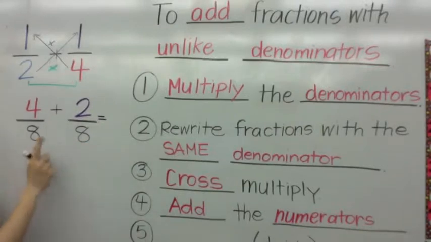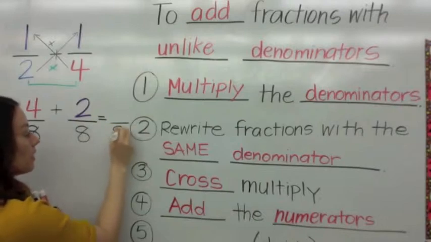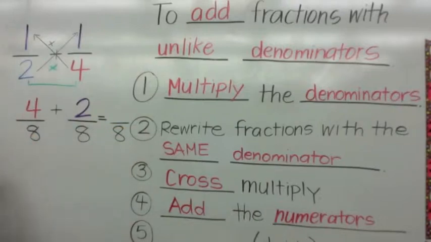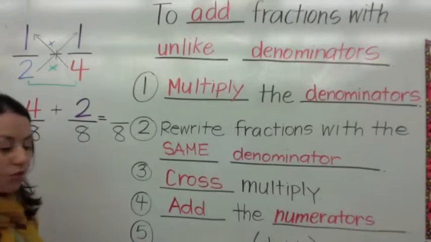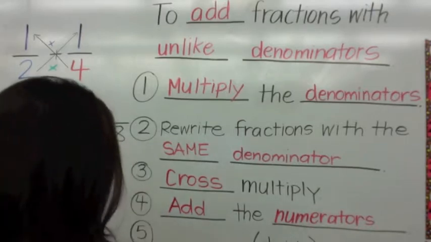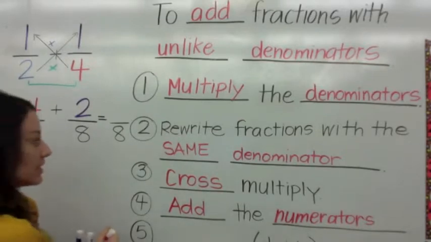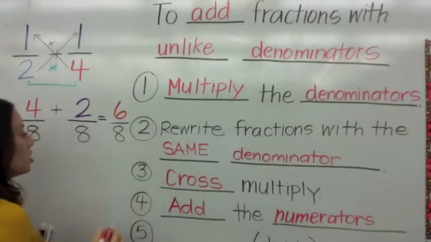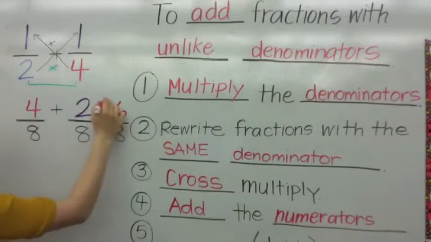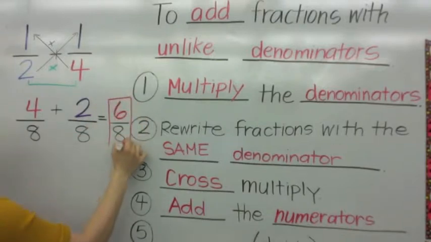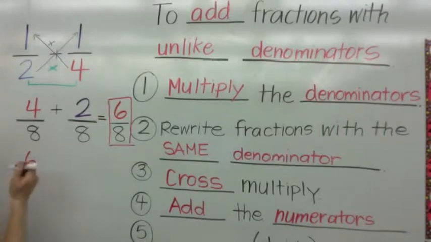So you say same, same, same. And the numerators are 4 and 2. So what is 4 plus 2, my friends? It is 6. Very good. So your new fraction is 6/8.